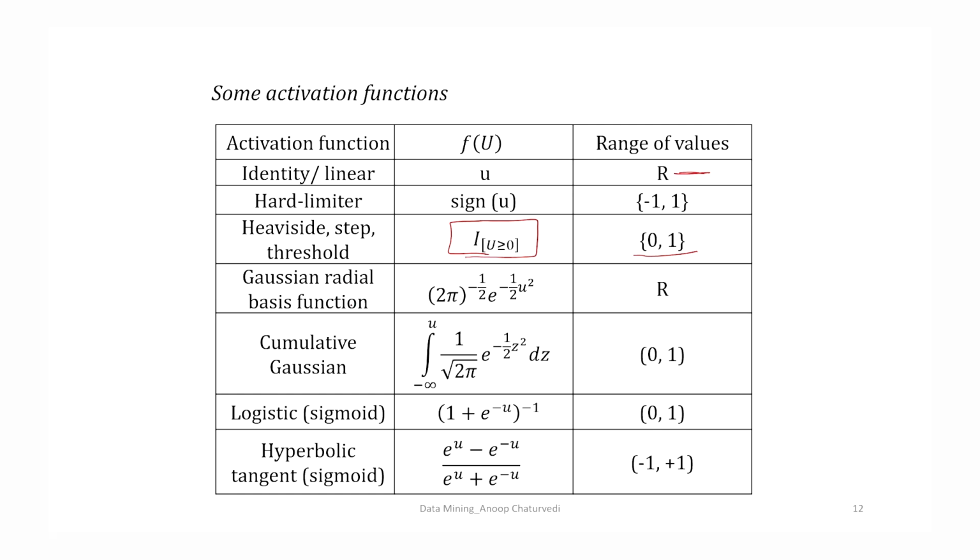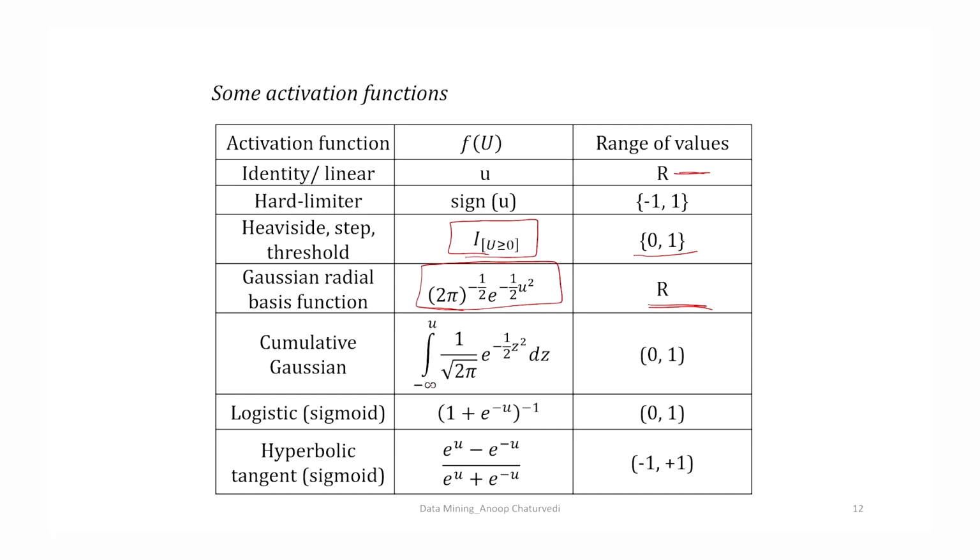Gaussian radial basis function. So, Gaussian radial basis function is actually the density function of standard normal distribution, and obviously, its range is R. Cumulative Gaussian.